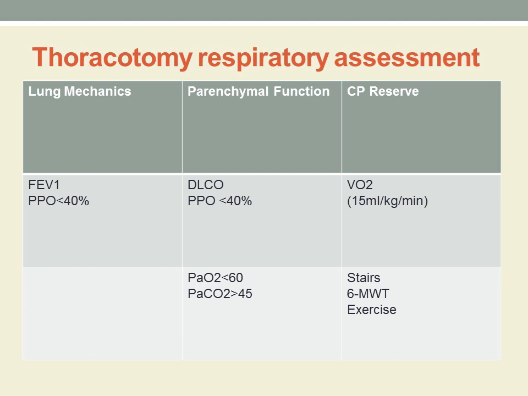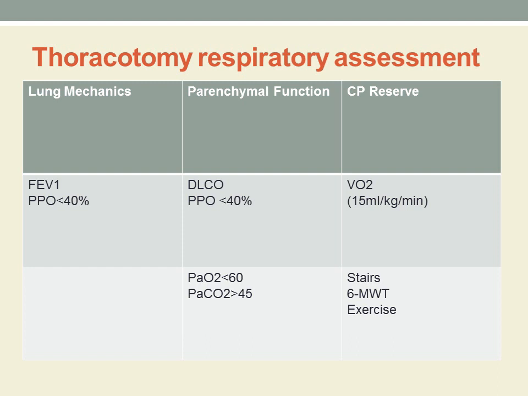If the patient has PPO less than 30, it's very difficult to extubate, and they could be stuck in ICU for weeks, all sorts of things. So we need to have a very good reason to operate on a patient who has PPO less than 40, and the mortality is very high.